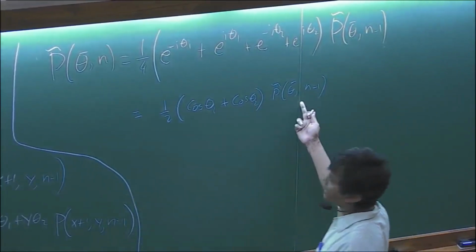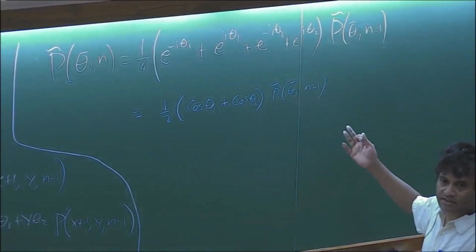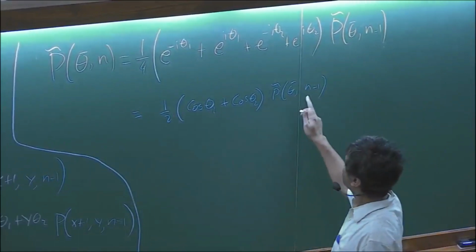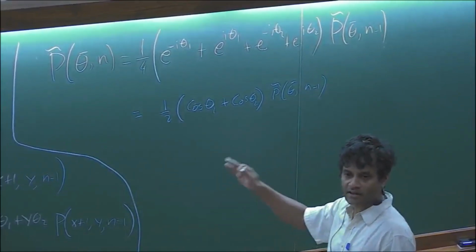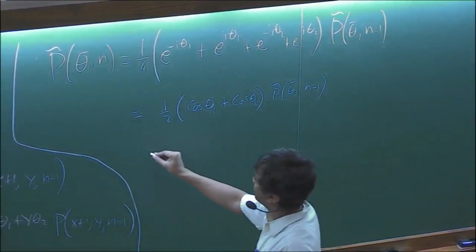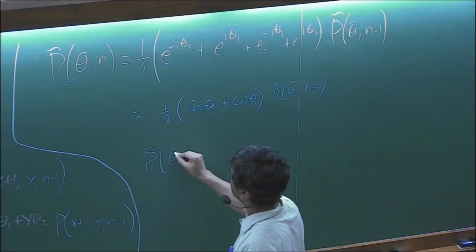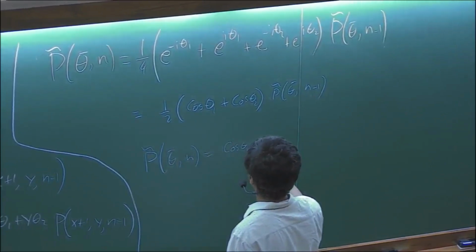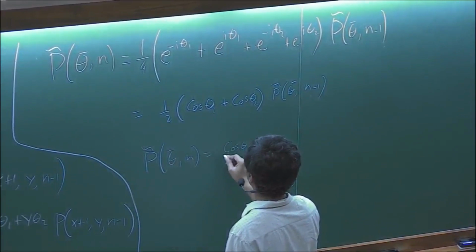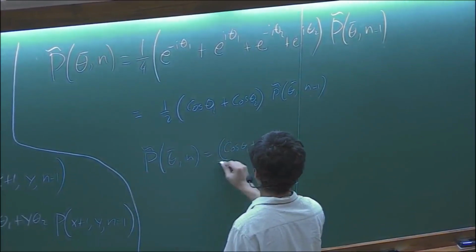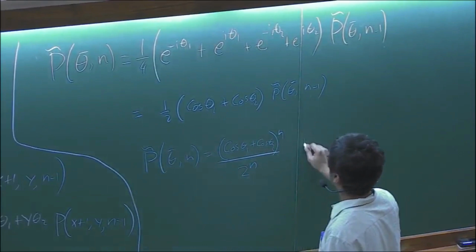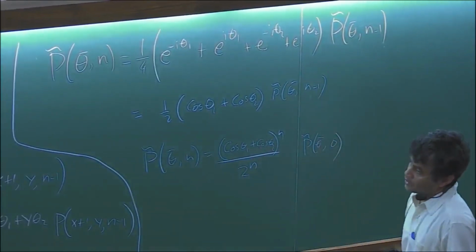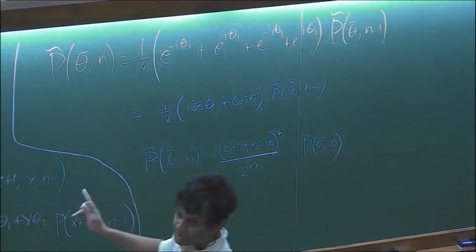Once in this Fourier space, it's easy, because in time it's just like a recursion. If you know n minus 1 is related to n, you can just keep doing this, and you immediately get P tilde to the power n equal to cos. And then this will of course depend on initial conditions.